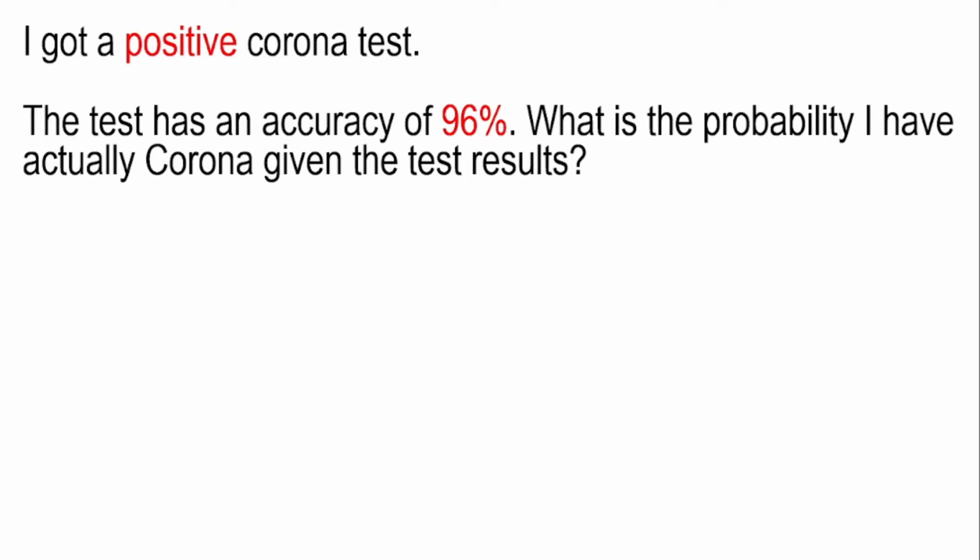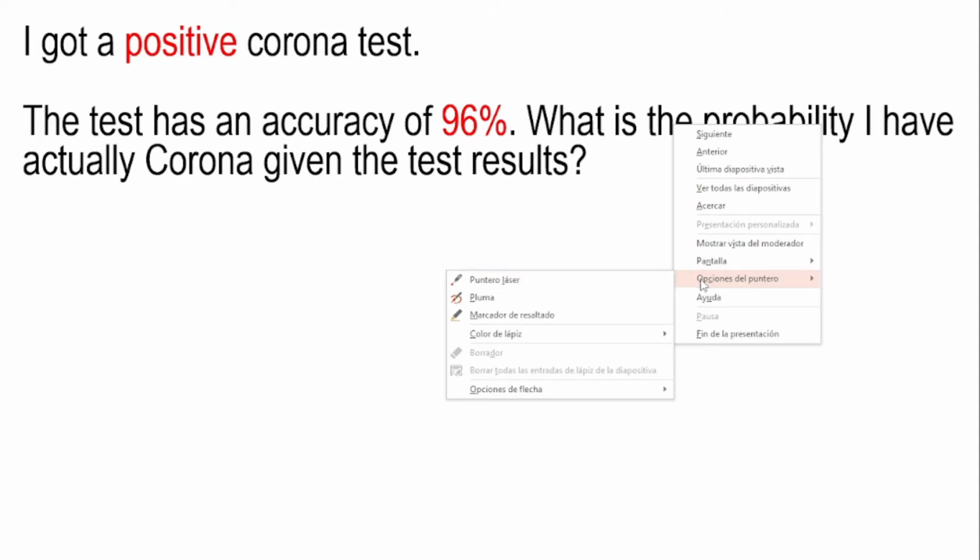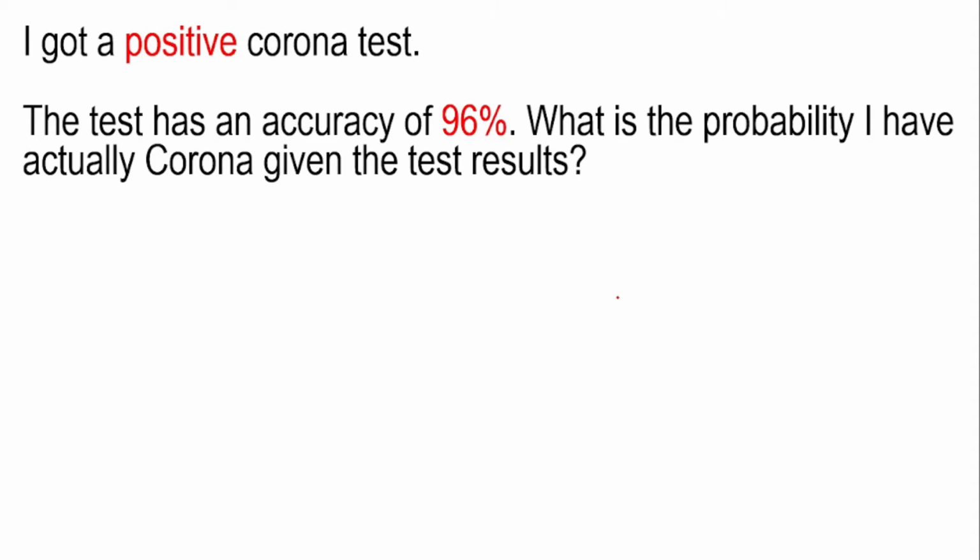So I have the following question for you. Let's suppose I got a positive corona test and the test has an accuracy of 96%. And now the question is, what is the probability I actually have corona given the test results? This might seem like a very simple exercise, because we already have the solution.